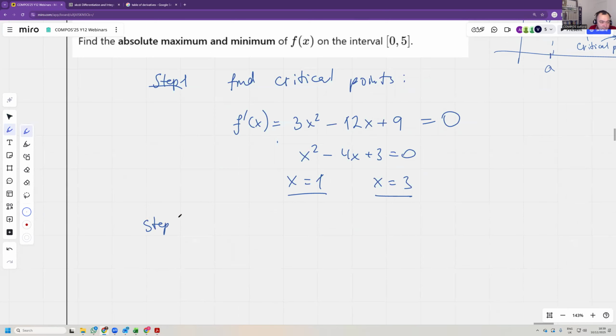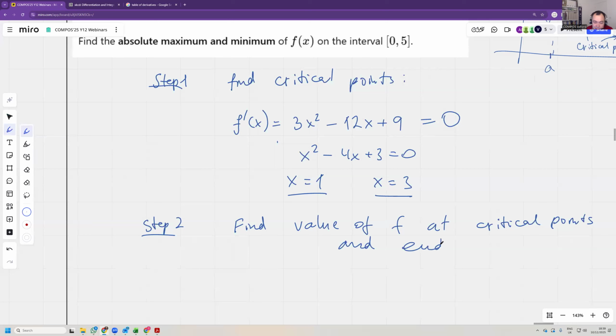Step 2, find the value of f at critical points and the ends of the interval.